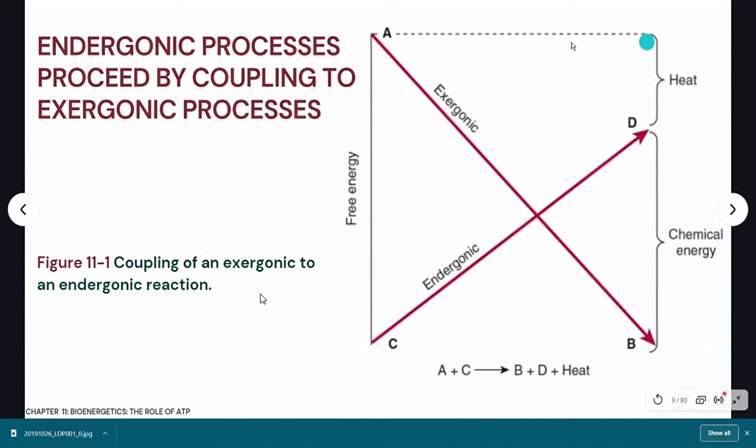Now, going back to the body, this heat released in your system is used to have your body heat, which is 37 degrees centigrade.